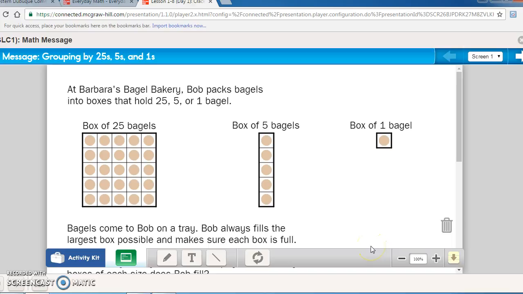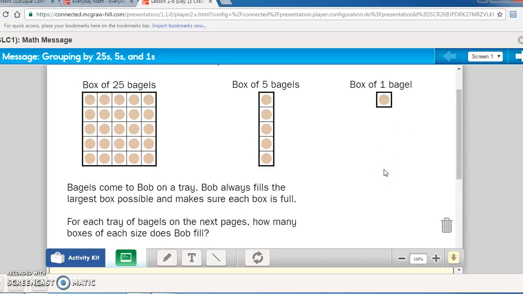The information says, at Barbara's Bakery, Bob packs bagels into boxes that hold 25, or the box might only hold 5, or a single box that only holds 1. Bagels come to Bob on a tray. Bob always fills the largest box possible and makes sure each box is full.